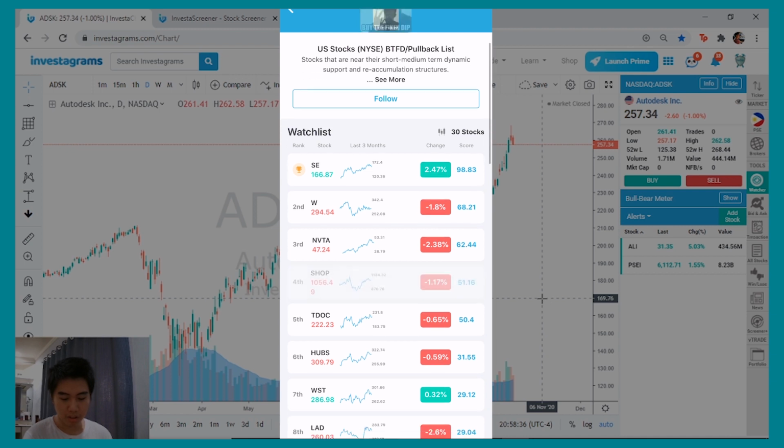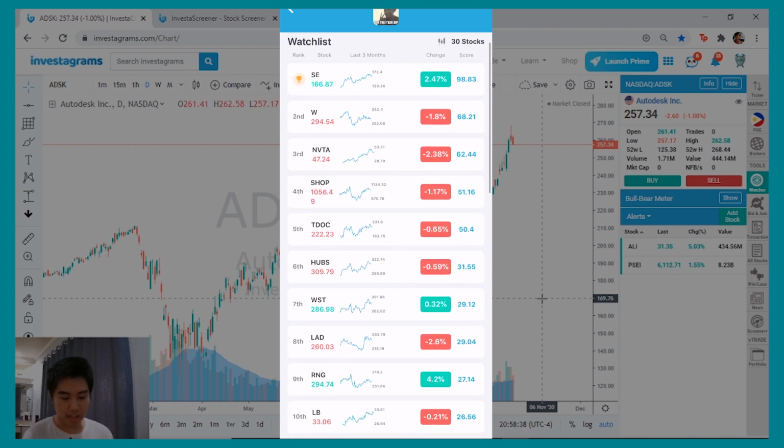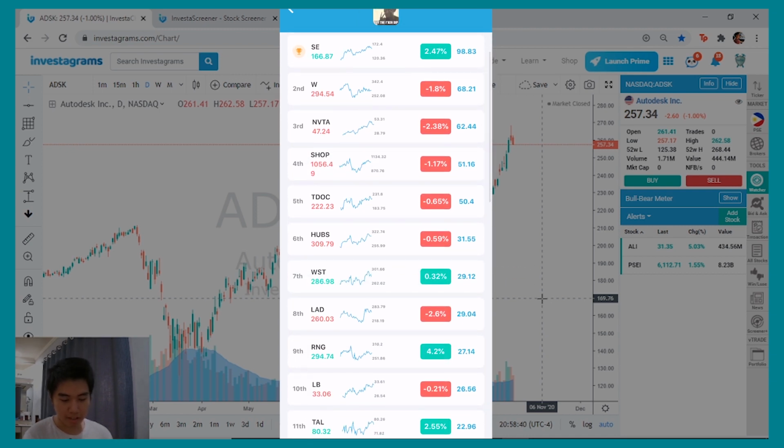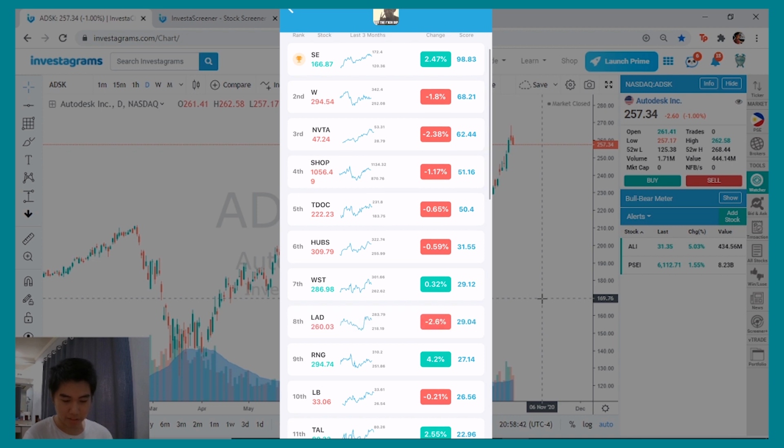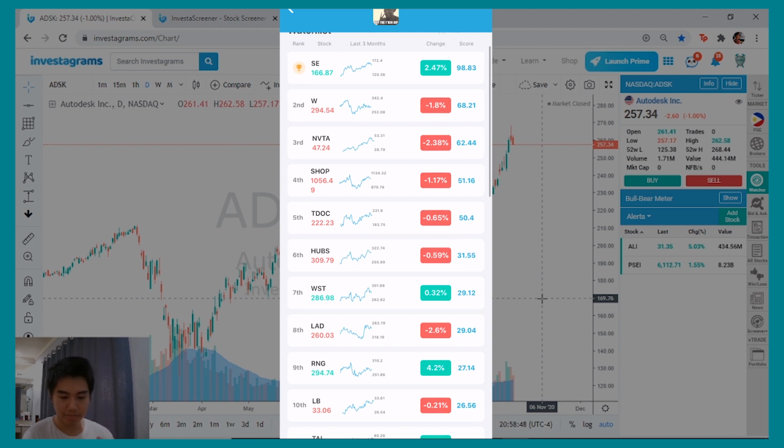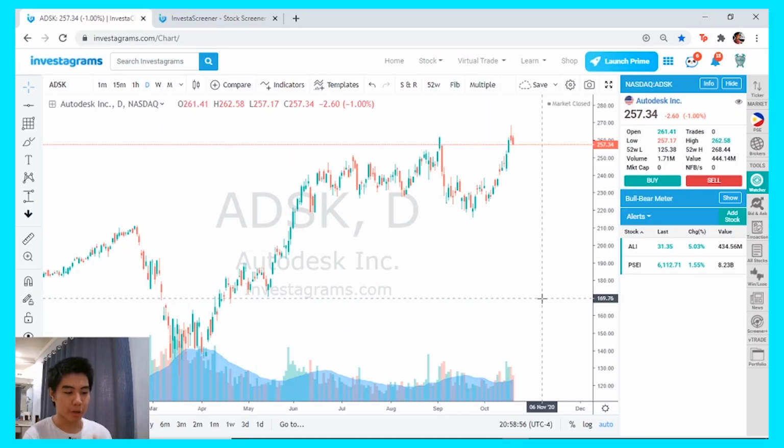So meron dito, for example, extremely oversold, stocks above, ito, pakita ko dito. Meron yung mga accelerating stocks above dynamic support, etc. So madami yan. Tapos, it's ranked from 1 to 10 based on our prioritization system.